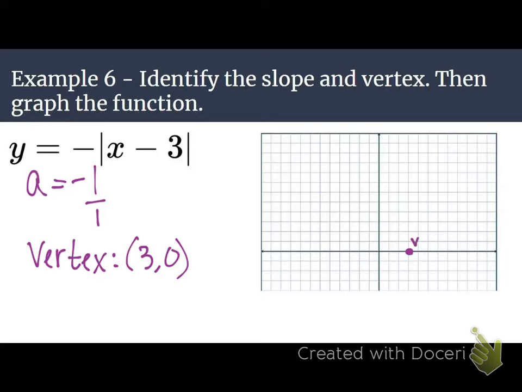That is my vertex. Down 1, right 1. To get more points, we can go down 1, right 1 for that negative slope. Then we would go down 1, left 1 to get the other side of our V. Draw in our lines, add our arrows, and we've got it done.